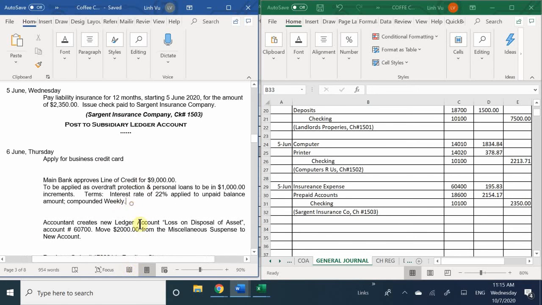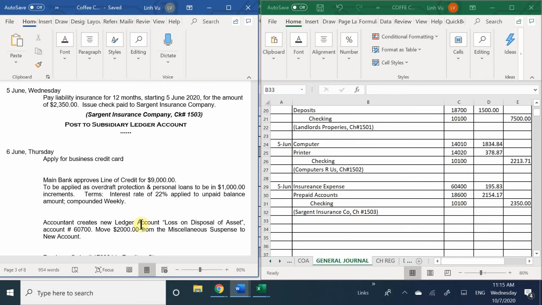Is it necessary to journalize? I think, I'm not so sure. Just to journalize that you have a LOC, the line of credit, that is available for your expense or whatever that's needed there.